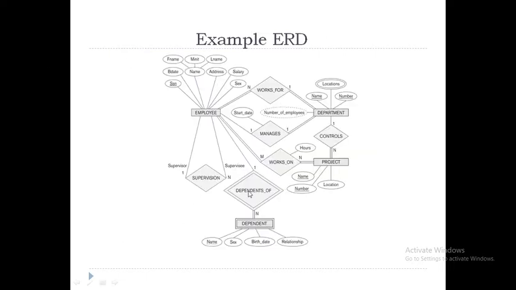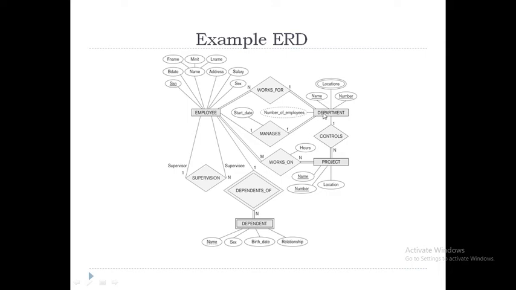In this, which is having one-to-one relationship, here employee manages department. You can see the cardinality is 1:1. Now, which entity type is having total participation? Total participation is represented using double lines. Here department is totally participating in the manages relationship.